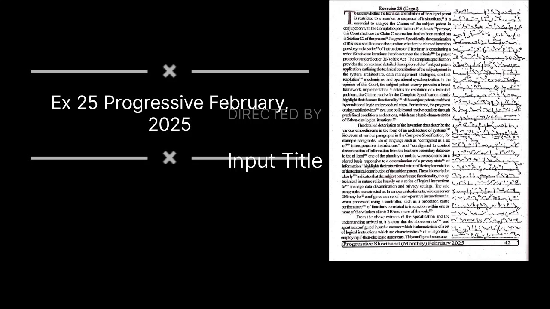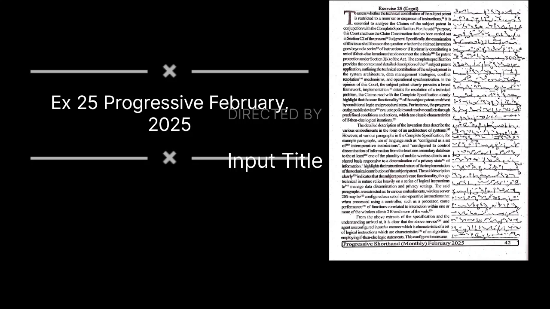However, at various paragraphs in the complete specification, the use of language such as "configured as a set of interoperative instructions and configured to control dissemination of information from the at least one secondary database to the at least one of the plurality of mobile wireless clients on a shared basis responsive to a determination of a privacy state of information" highlights the instructional nature of the implementation of the technical contribution of the subject patent.